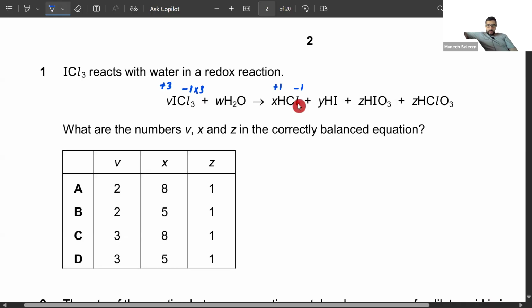Now this side becomes totally confusing: which element should we assign the positive oxidation state and which element should we assign the negative oxidation state? As we move down group 7, the electronegativity values decrease. For example, for fluorine we have 4.0, for chlorine we have 3.0, and bromine would have less.